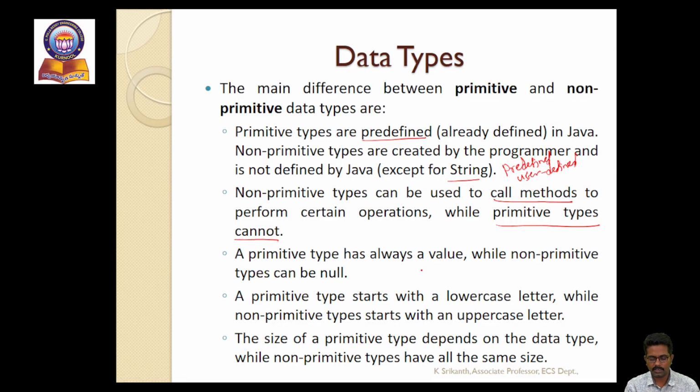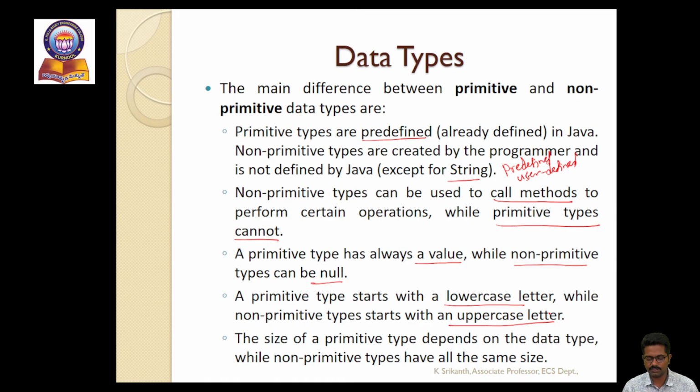A primitive data type always has a value. It may be an integer, a character, a boolean, or a float. Whereas the non-primitive data types can be null because we are working with classes or objects. A primitive data type should start with a lowercase letter, while non-primitive data types have to start with an uppercase letter.